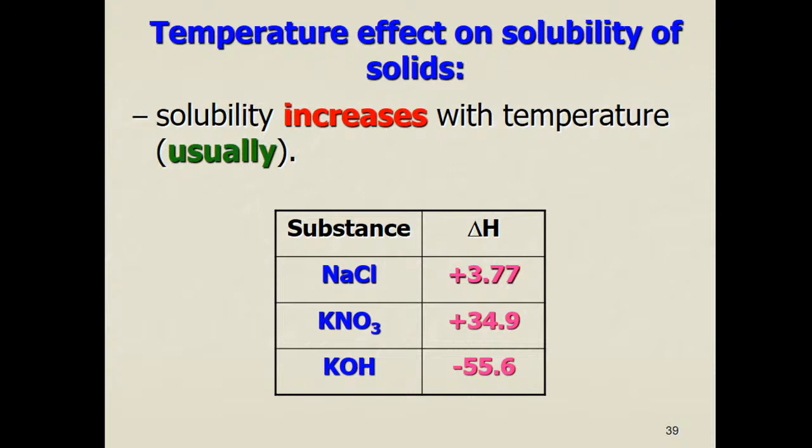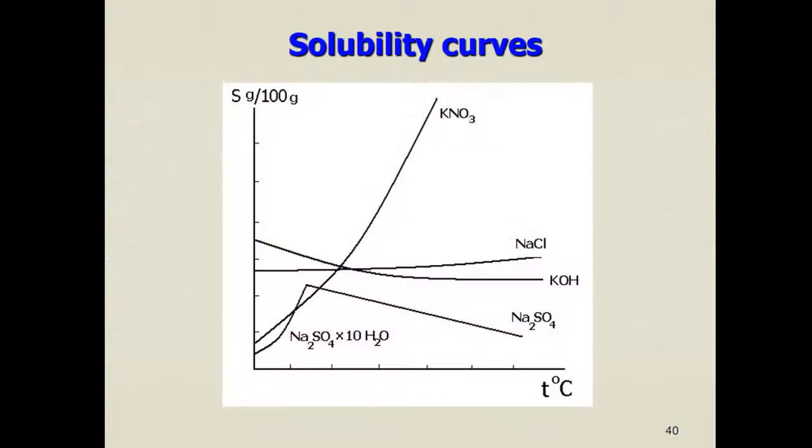What we can see in the diagram: solubility curves illustrate that the solubility of sodium chloride is almost independent of temperature, a little bit becoming better. That's why, if sodium chloride is dissolved in hot water or cold water, we almost see no difference, because of its poor endothermic effect, but it is a little bit better in hot water.